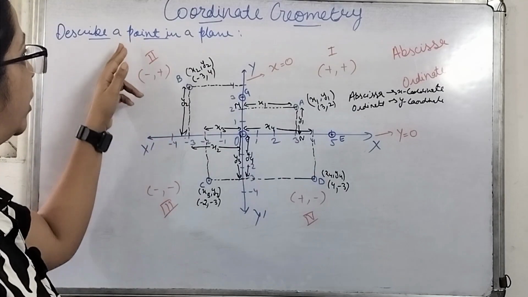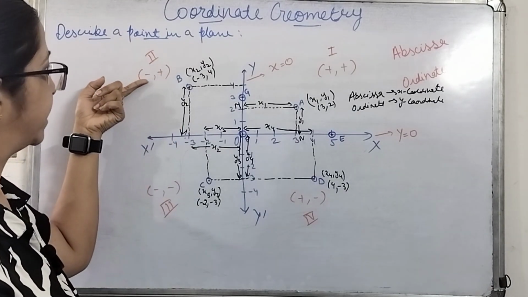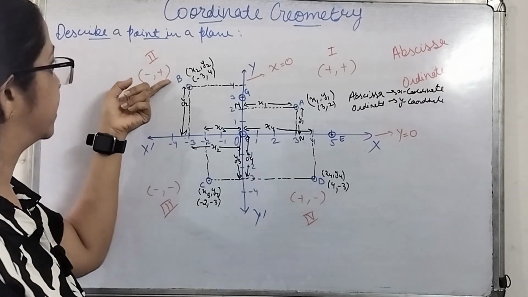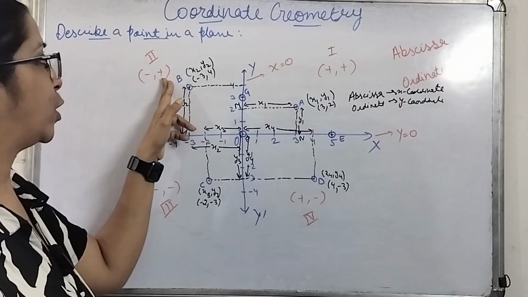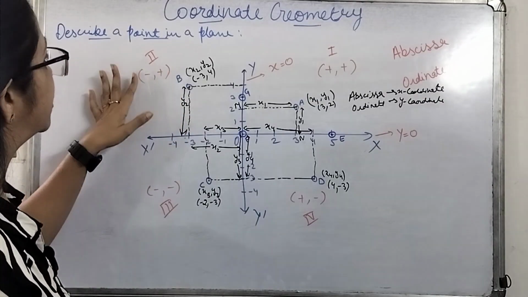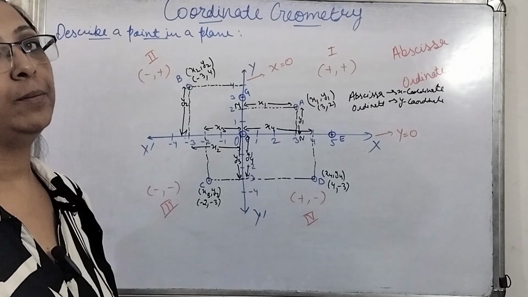That's the reason the point will be of the form (minus, comma, plus). First we write the x-coordinate, then the y-coordinate. That means its abscissa will be negative and its ordinate will be positive.